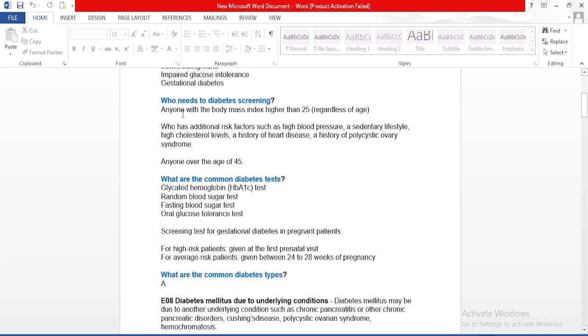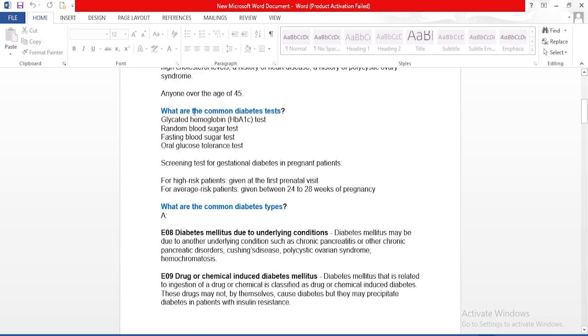Anyone with a body mass index higher than 25, regardless of age. So here age is not the criterion. Next, anyone who has additional risk factors such as high blood pressure, a sedentary lifestyle, high cholesterol levels, a history of heart disease, a history of polycystic ovary syndrome, and also anyone over the age of 45 needs to have screening.